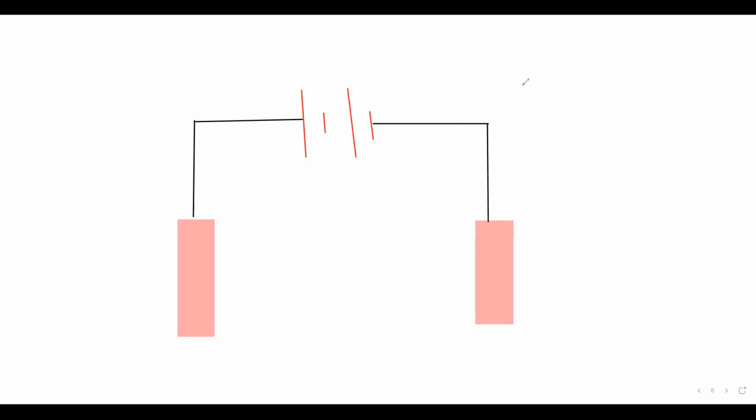So if I say an arrow to show the direction of electrons, from negative terminal it will be out, and towards the positive terminal they will move in.